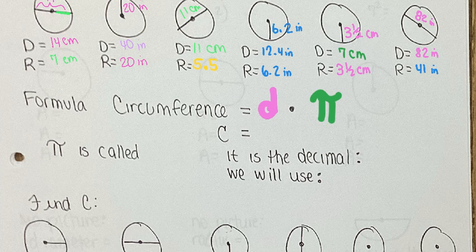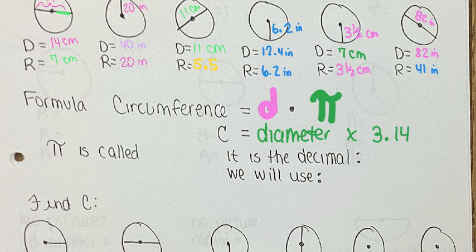Let's write it out. The diameter multiplied by 3.14. We're just going to round it to 3.14 because it doesn't end, so 3 is not very good to round it to, so most math people use 3.14.